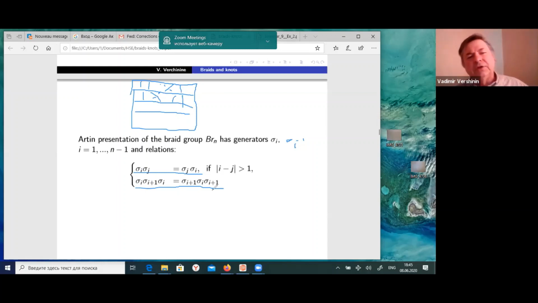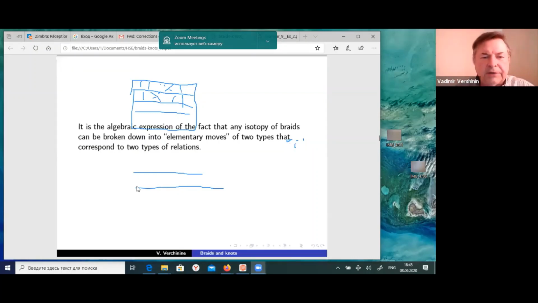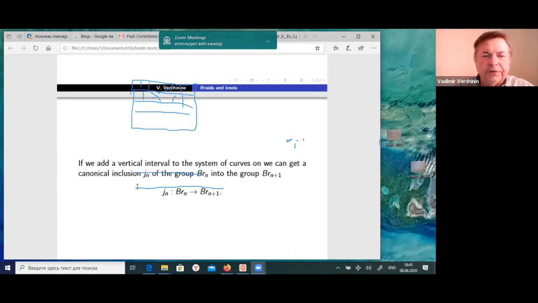So the general position relations are also read as the composition of primitive ones. Primitive ones are the following relations. This is maybe not a proof, but an explanation for why there should be these relations. So anyway, this is the classic Artin presentation.